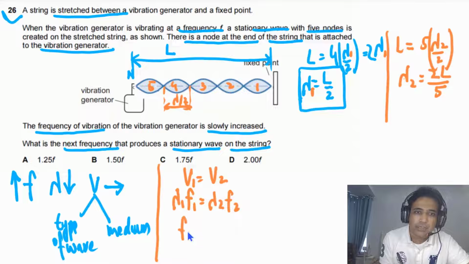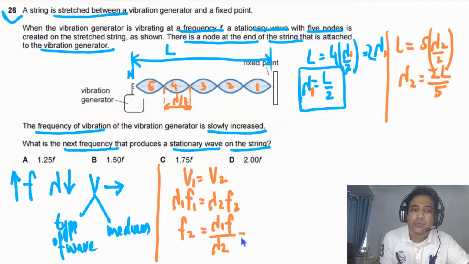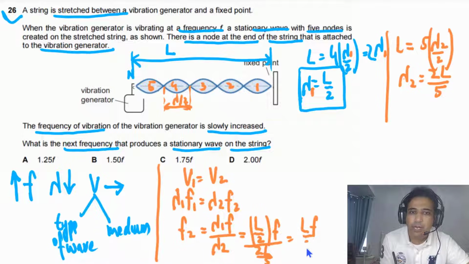F2 will be equal to lambda 1 times F divided by lambda 2. Lambda 1 is L by 2, so this is L by 2 times F divided by 2L by 5, or LF by 2 multiplied by 5 divided by 2L.